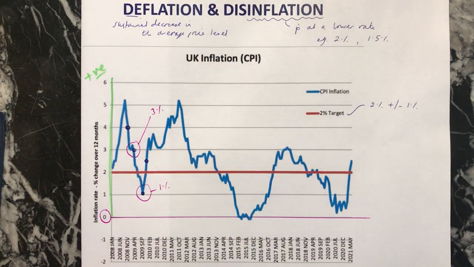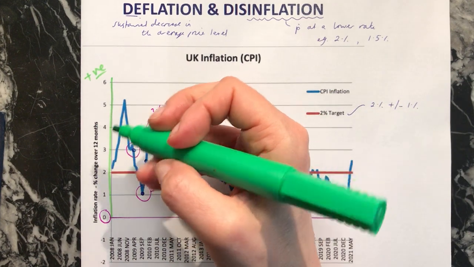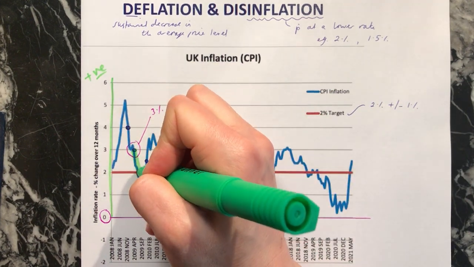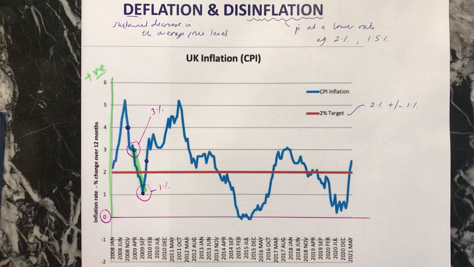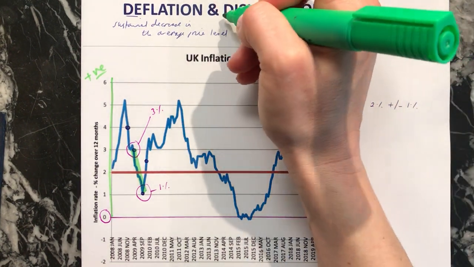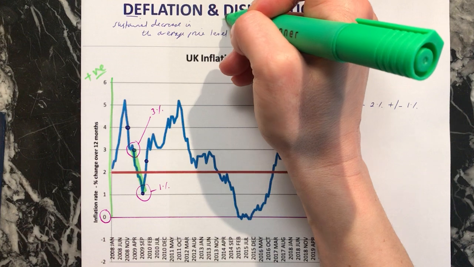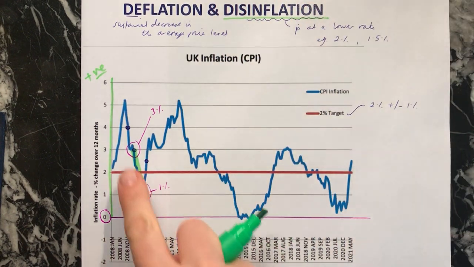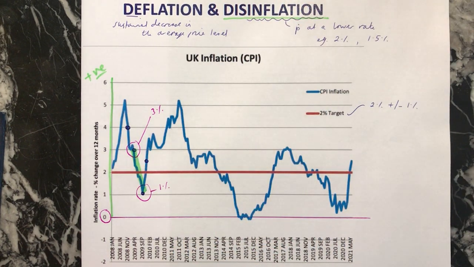And that means in this section here, we still have an increase in prices, but at a lower rate. So that area there is showing disinflation. We've got inflation, but at a lower rate.